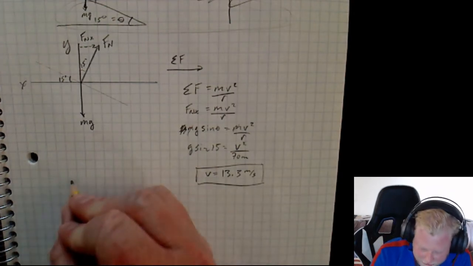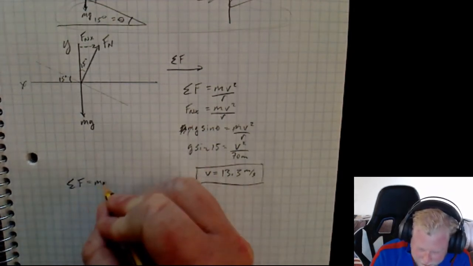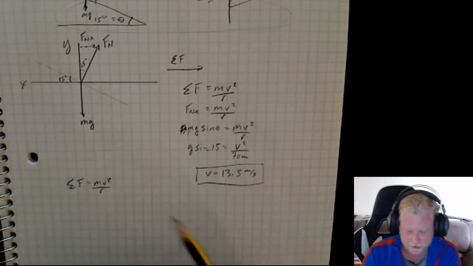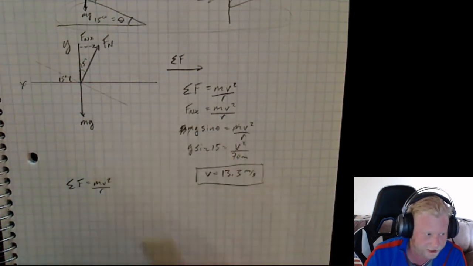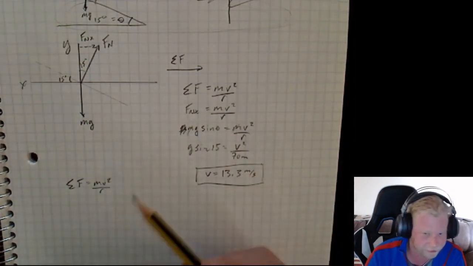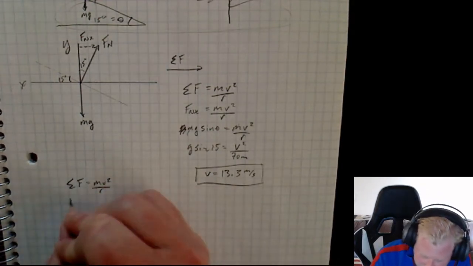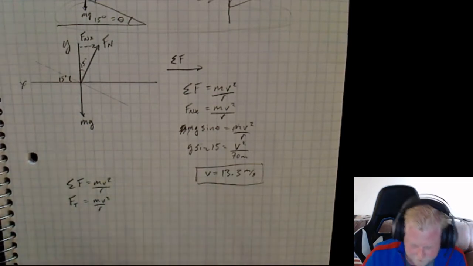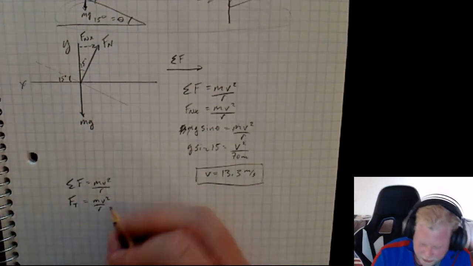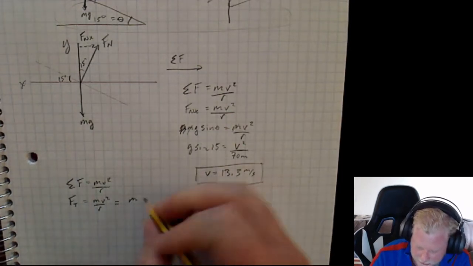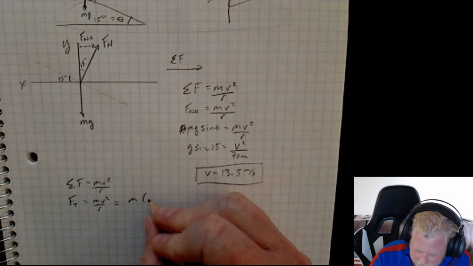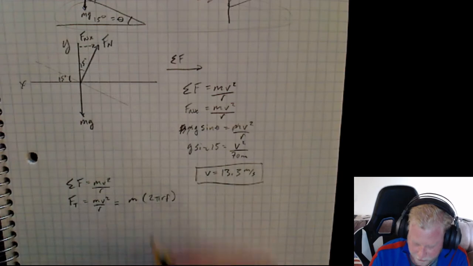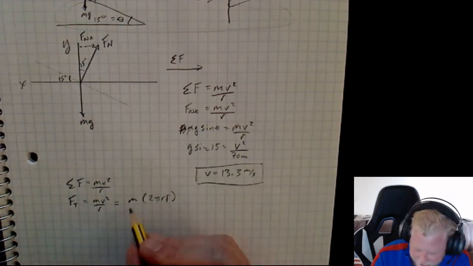All right, if we look at Newton's second law, net force equals mass times acceleration. Keep in mind, in this case, we've got something that is circling horizontally based off of a tension force within a string. So the force of tension is going to be equal to mv squared over r. Now, remember, we were able to determine our velocity as 2 pi r over T, or 2 pi r times frequency.